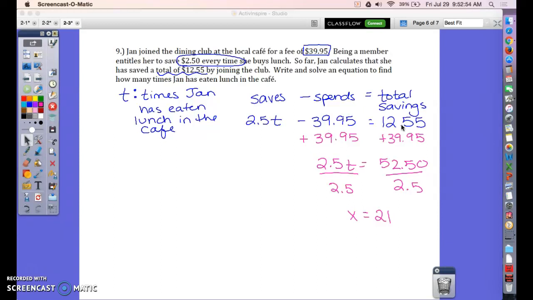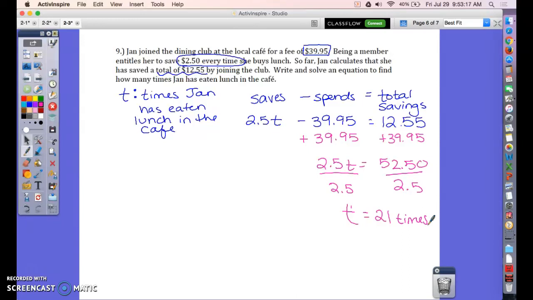Then using inverse operations to solve, I can see that I would end up with t equals 21. So don't forget to label your word problem answer: t stands for 21 times that she's eaten lunch to save $1,255 total. Please remember you can ask questions.